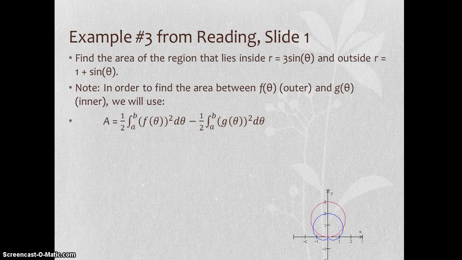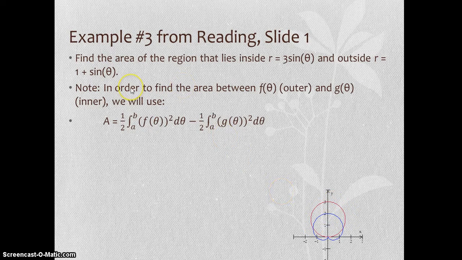So here's an example. Find the area of the region that lies inside r equals 3 sine of theta, which, as you remember from class, will be the circle with diameter 3 that lies on the y-axis, and outside r is equal to 1 plus sine theta, which is the blue graph, which represents our favorite curve, the cardioid. So inside r is equal to 3 sine theta, and outside r is equal to 1 plus sine theta will be the area outside the blue but inside the red curve.